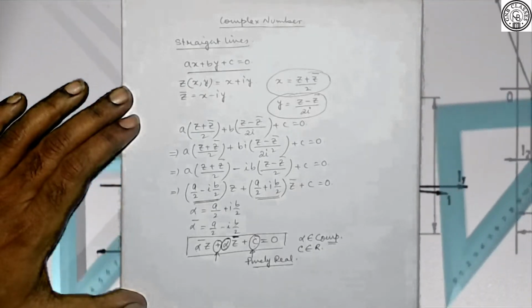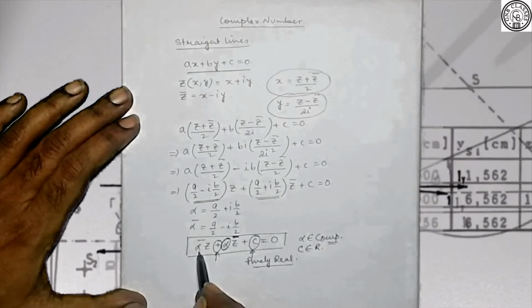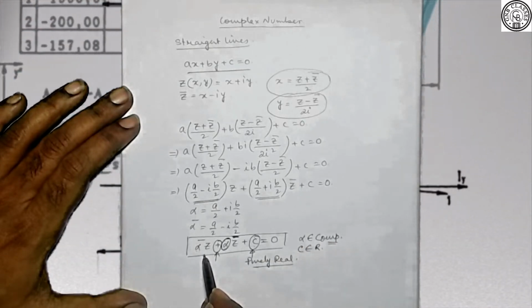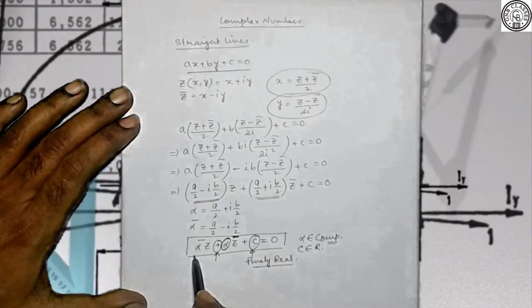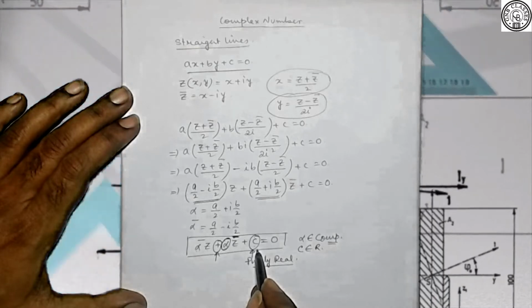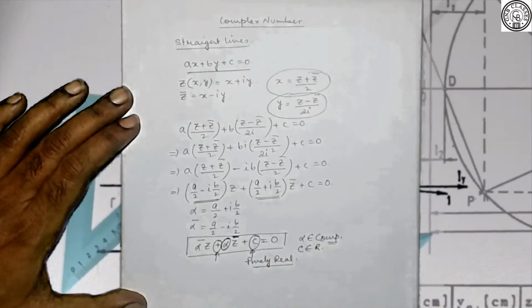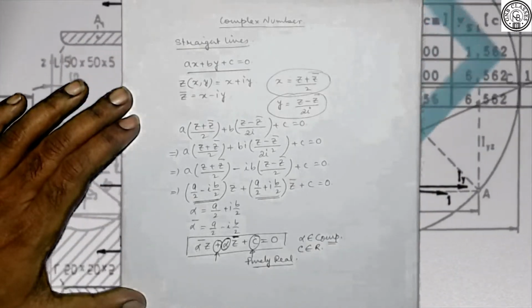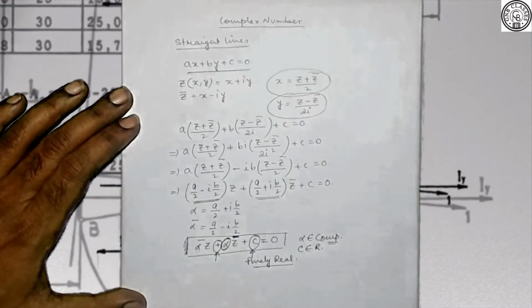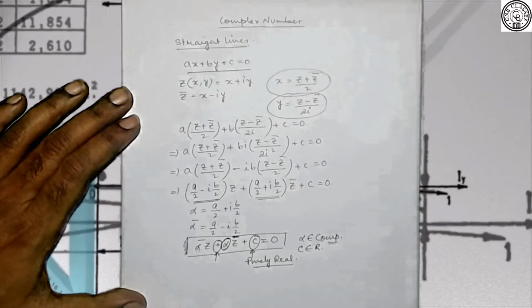So two things that you must see: that this alpha and alpha bar, which are the coefficients of z bar and z respectively, must be conjugate to each other. There must be a plus sign in between, and the constant term c must be purely real. Is it clear? In that case, we will say that this represents the equation of a straight line on a complex plane.